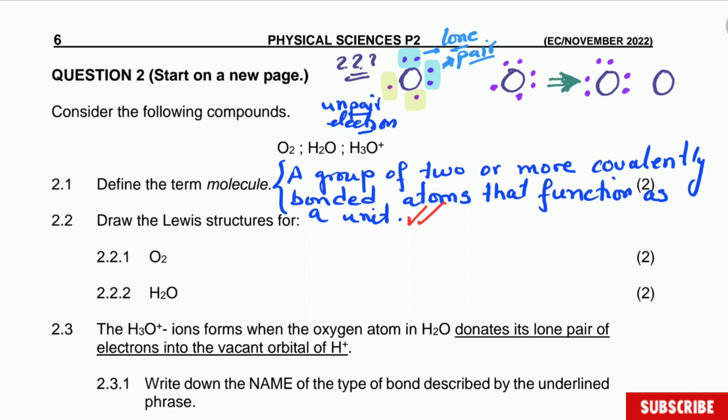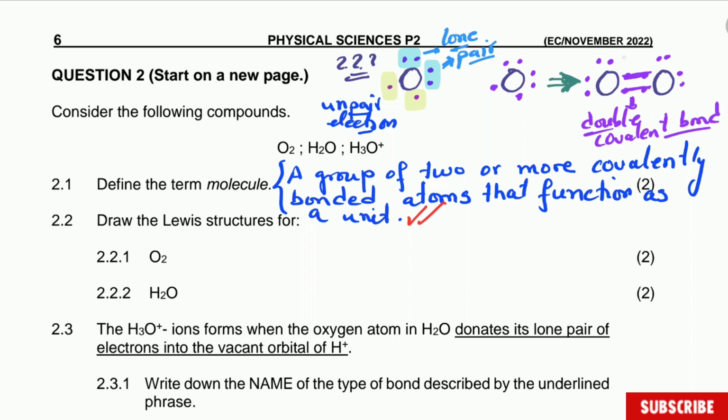The other oxygen still has the 2 lone pairs, and here are the other 2 unpaired electrons. This here is the bonding. That is what we call covalent bonding. This one is a double covalent bond.